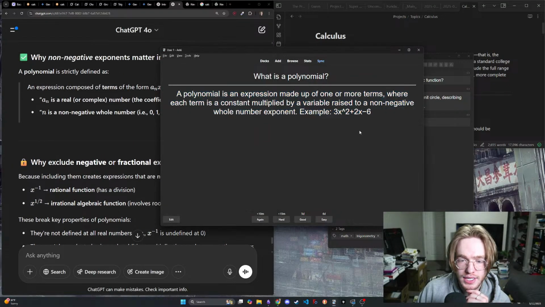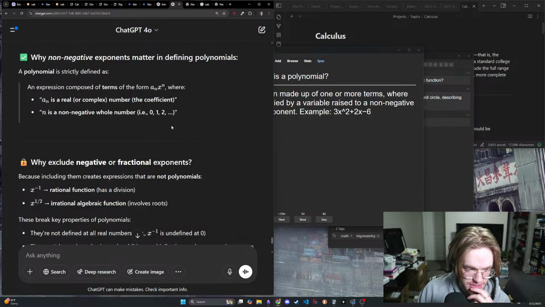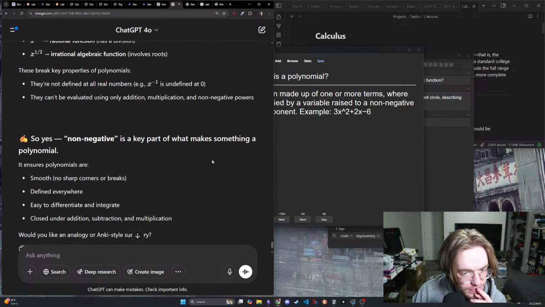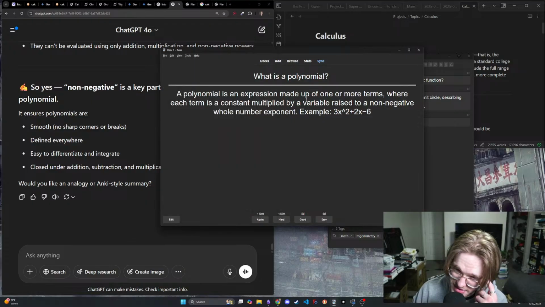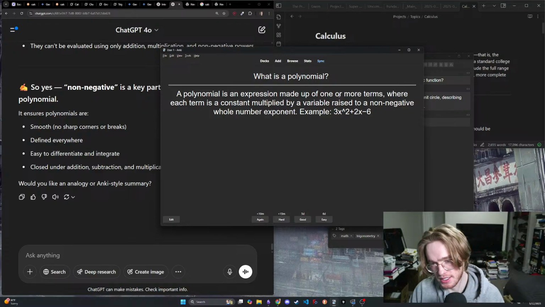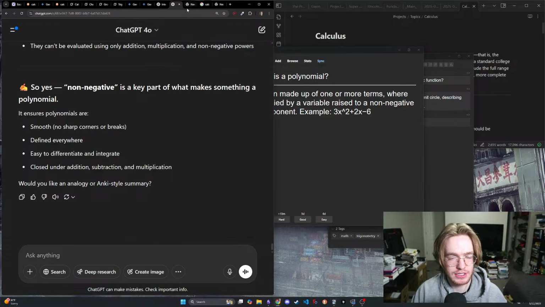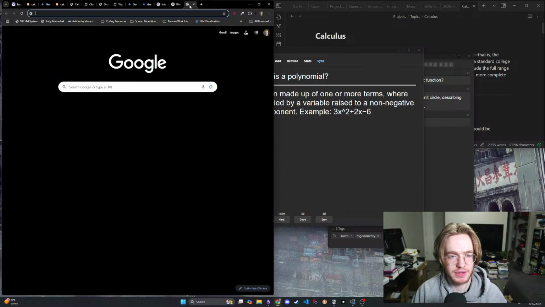Oh, non-negative exponent. Okay, that's more reasonable, I think. Okay, for some reason I was thinking like a non-negative term, but I swear I'd seen negative terms in algebra and stuff before, so okay, that makes a lot more sense.